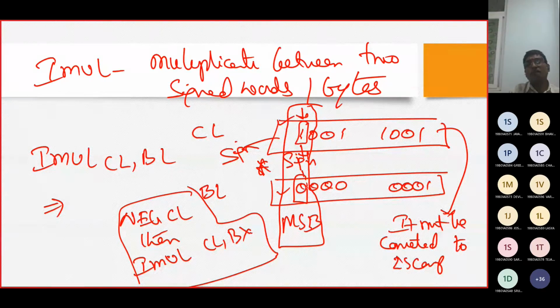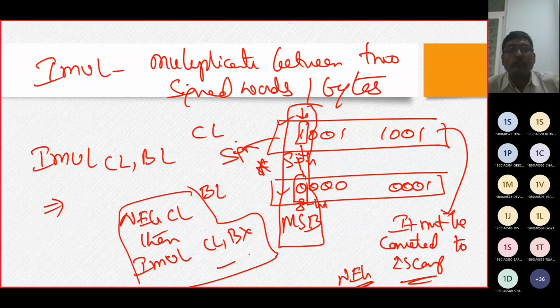Based upon the most significant bit, which is at the 8th bit. I verify it, and if it is a negative number, then I conclude that the value should be negated so that we get the 2's complement. To get the 2's complement, I use the instruction called negate, and after negating, I perform the multiplication.